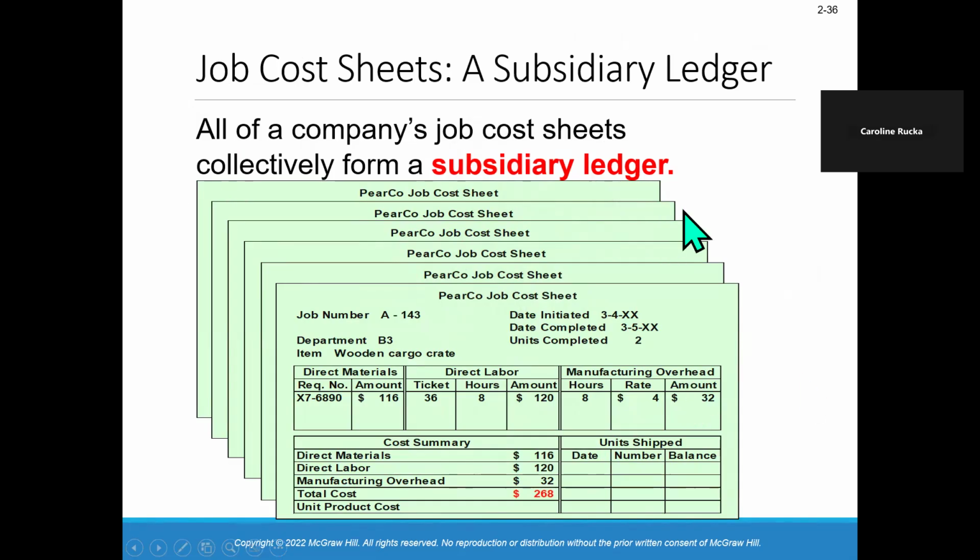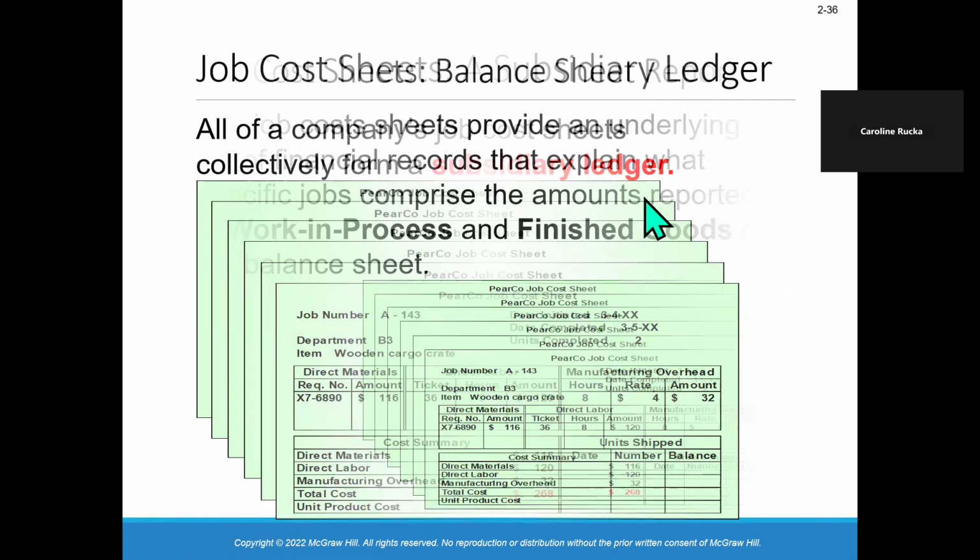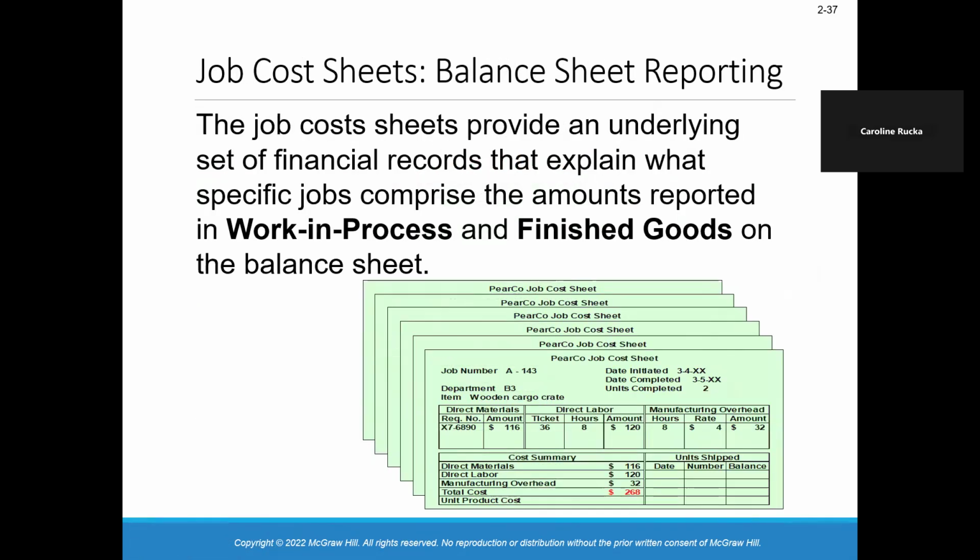We learned about this in financial accounting, but just be aware that if you are using this system, job order costing, each one of these cost sheets is going to go into a subsidiary expense ledger, which will roll up into your work in process and then your finished goods. You may not actually have a card that you fill out.